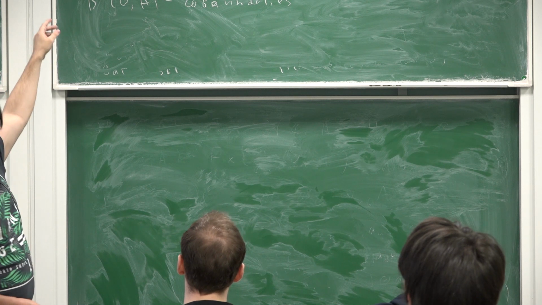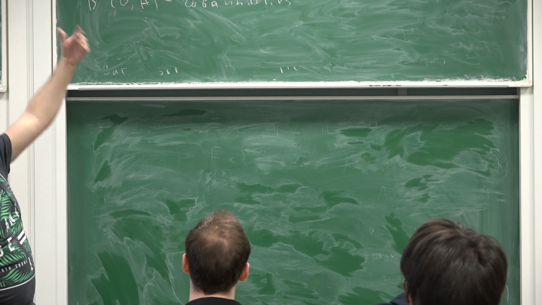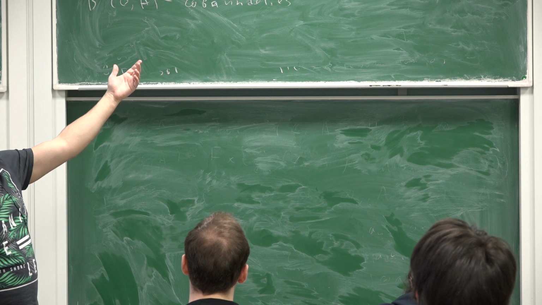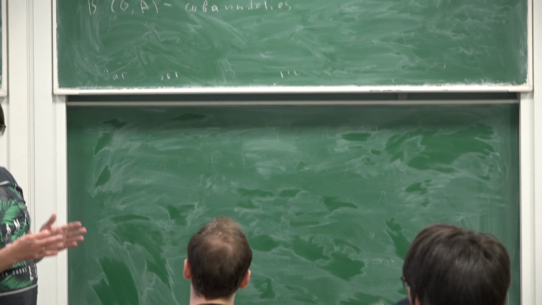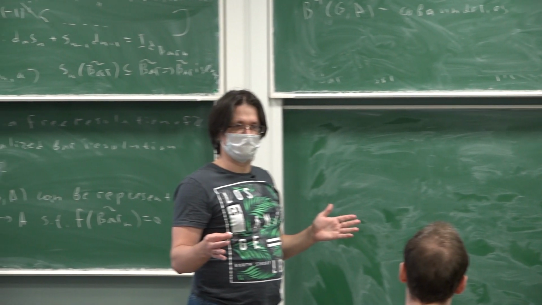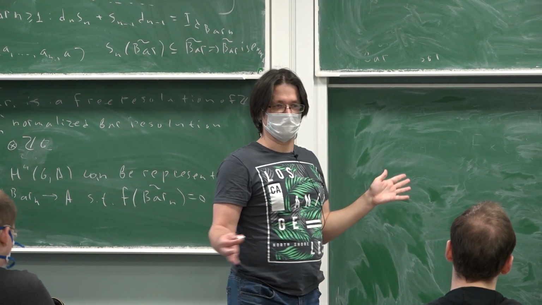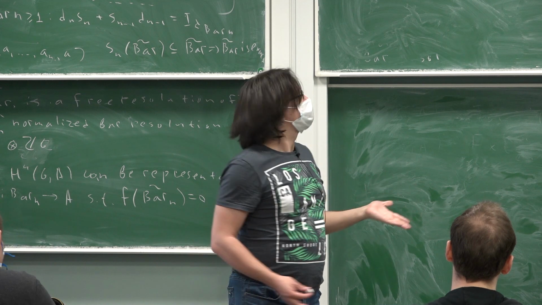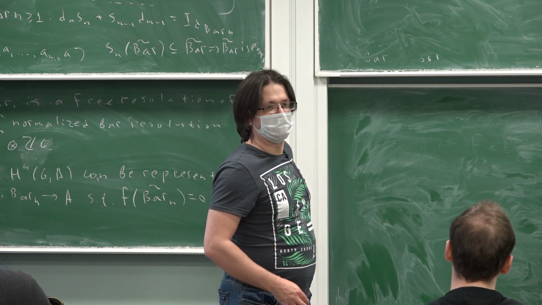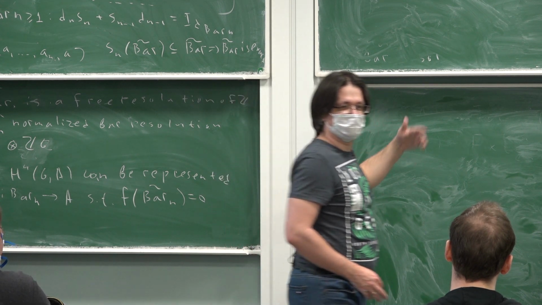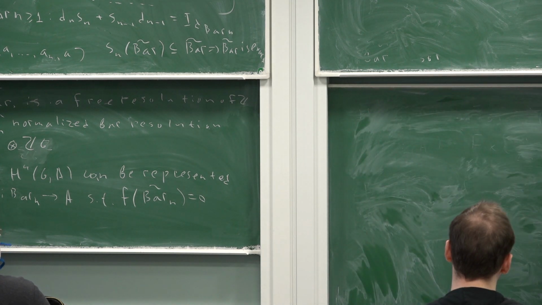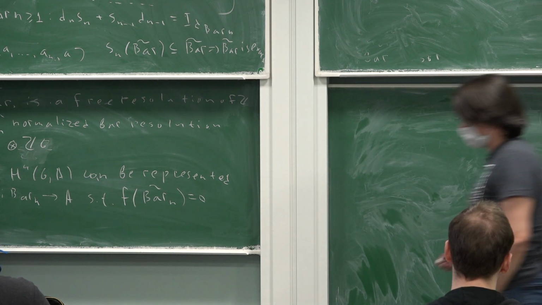Well, these are elements annihilated by the differential. You can write something, but it's too long. There is some formula for the differential, but it will take a lot of place and time. At some point we will write something, I think.